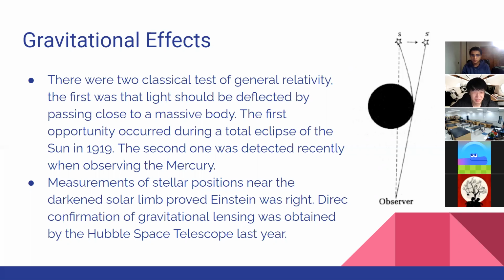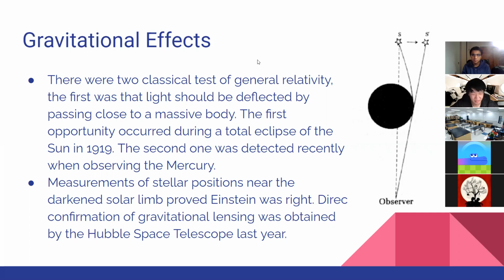And the second one was detected when observing Mercury, actually a couple of decades ago, probably. The measurements of Mercury's precession near the darkened solar limb proved Einstein was right. And this is actually a direct confirmation of gravitational lensing.